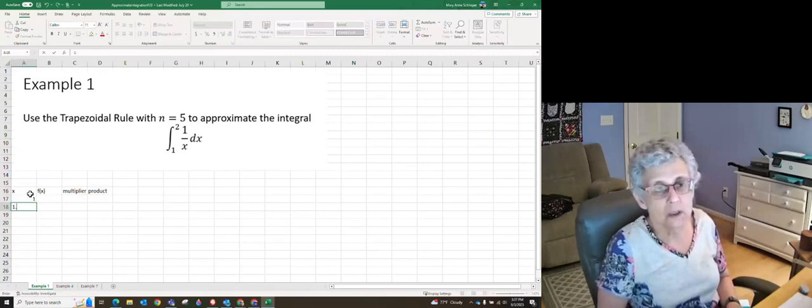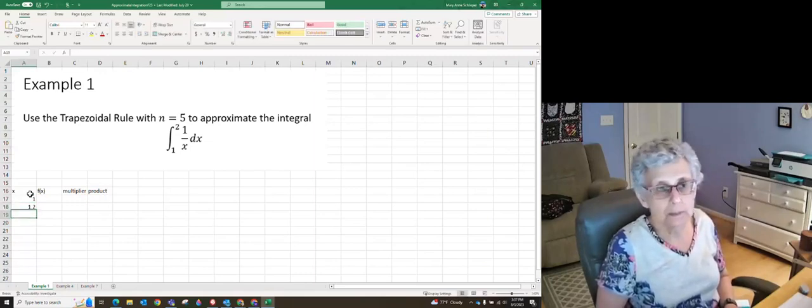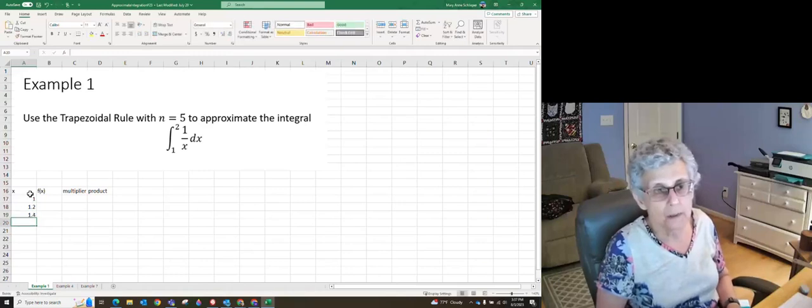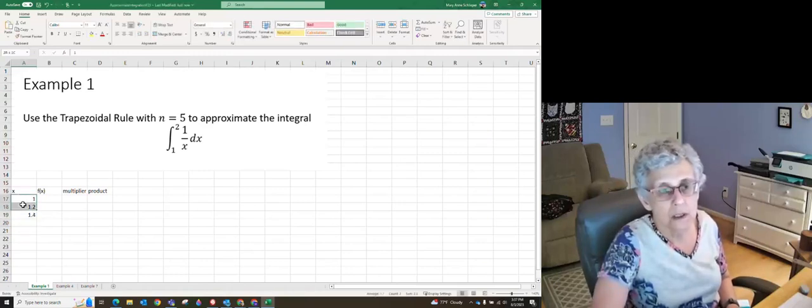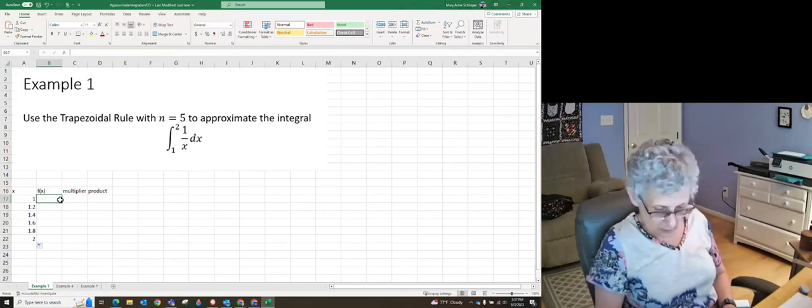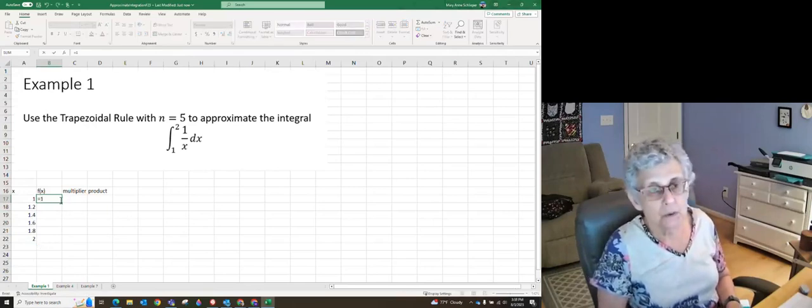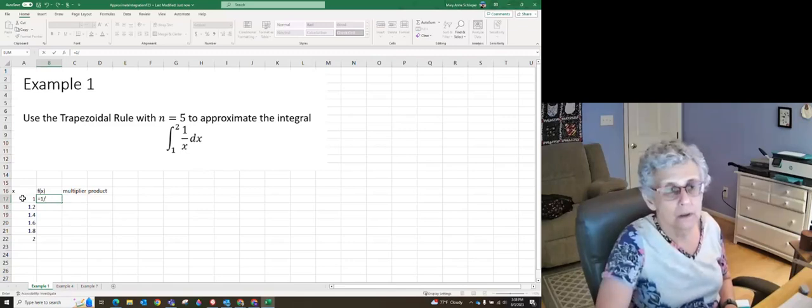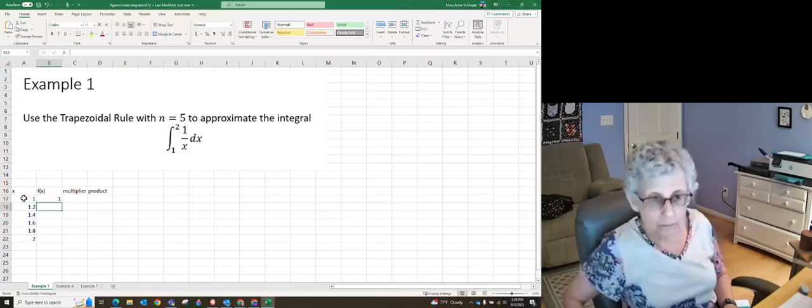My next one is 1.2. These are the inputs, 1.4. And of course, once I establish a pattern, Excel will continue the pattern until I tell it to stop. f of x is equal to 1 over x.